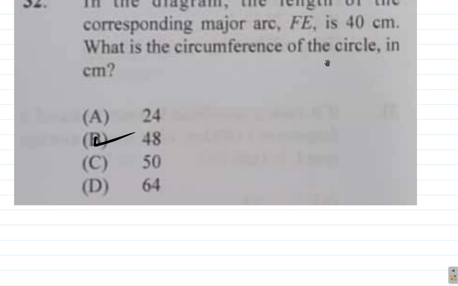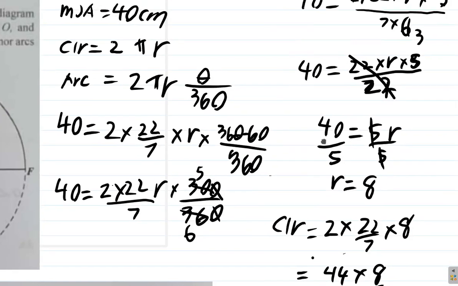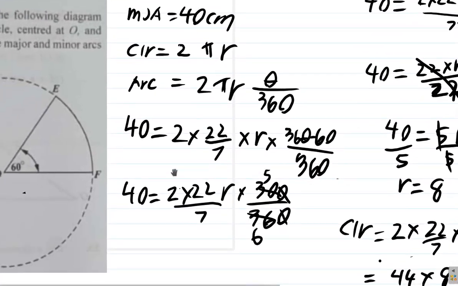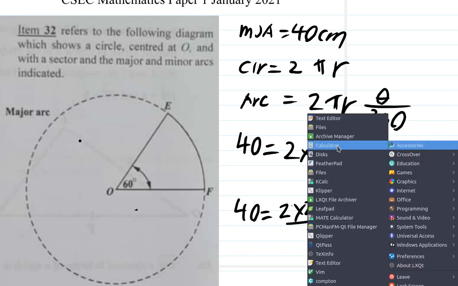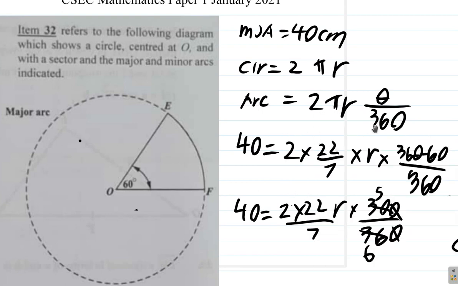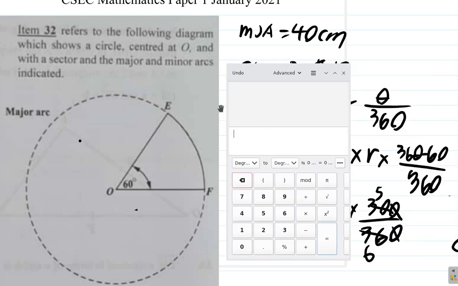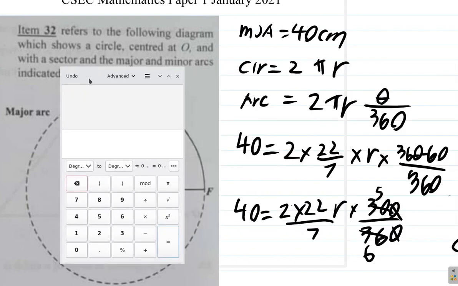Now, the 48 is kind of close to 50 though. But let us say we're not in exam today, so we can try a little thing here. Suppose we use a calculator and work it out. What is the number that we would get? The circumference is 2 pi r.